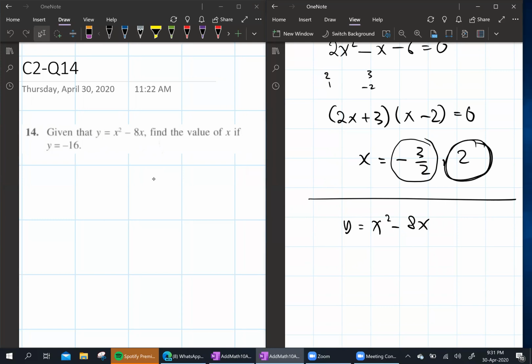Teacher, my answer is 4. x is equals to 4.